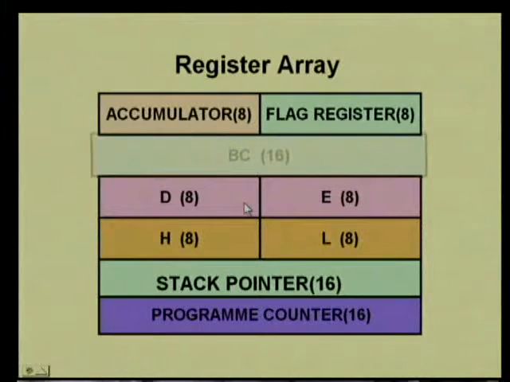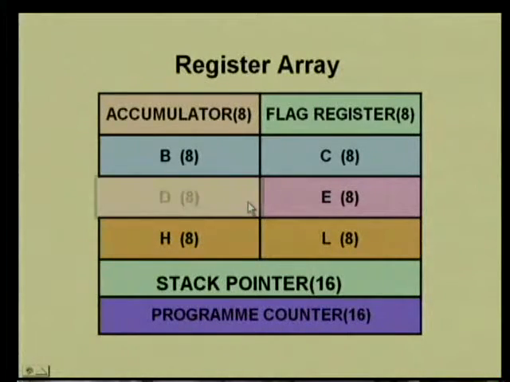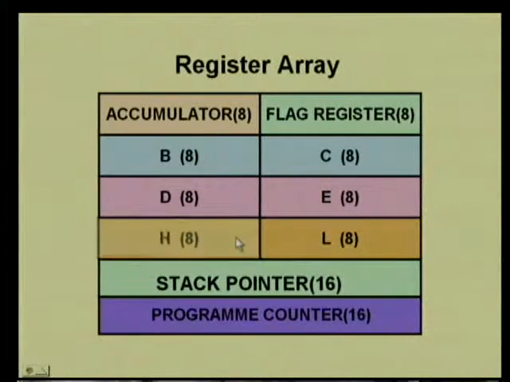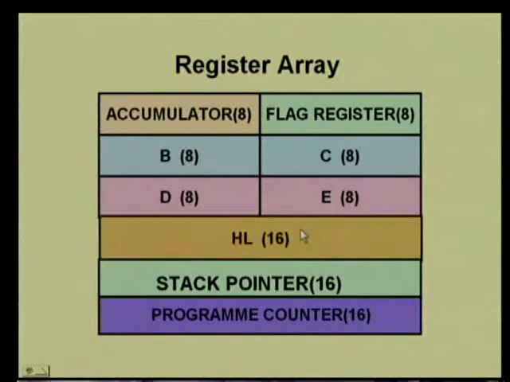In a similar way, D can be used as an 8-bit register, E can also be used as an independent 8-bit register, or they can be grouped into a DE pair, which can be treated as a 16-bit register and used for 16-bit data manipulation. Similarly, the H register and L register are once again 8-bit registers which can be used individually, or they can be grouped and used for 16-bit operations.